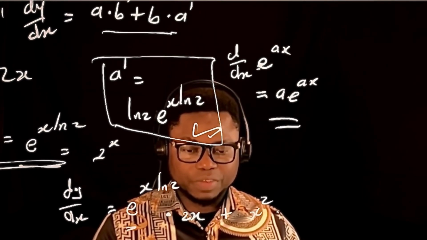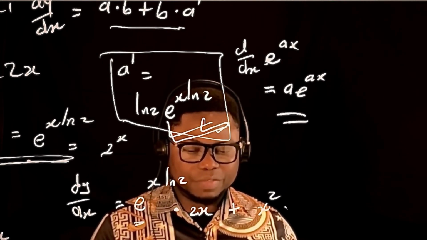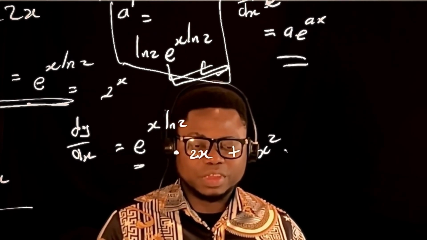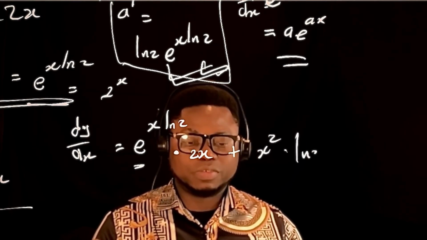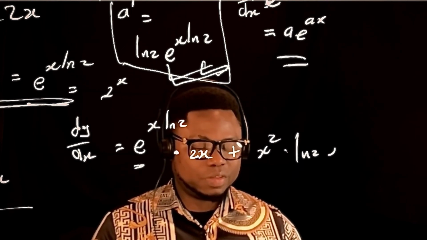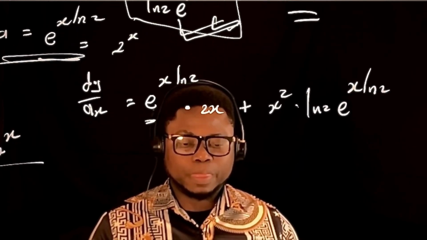So this is the derivative, a prime, which is ln 2 e raised to the power of x ln 2. So I'm going to write ln 2 e raised to the power of x ln 2.